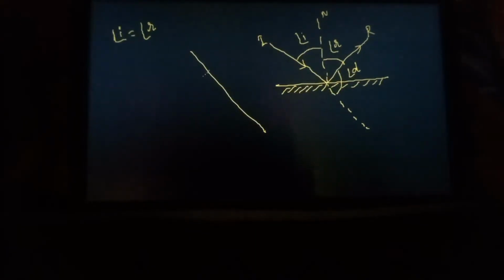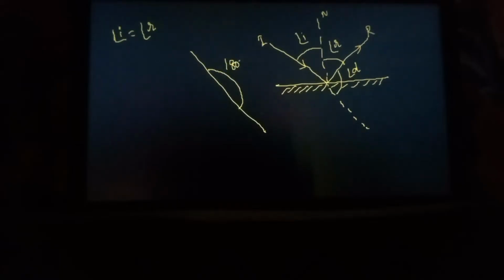So here is the point. The first point: we know the angle of incidence equals the angle of reflection. But in this one, you can see that this line is a linear pair, 180 degrees.